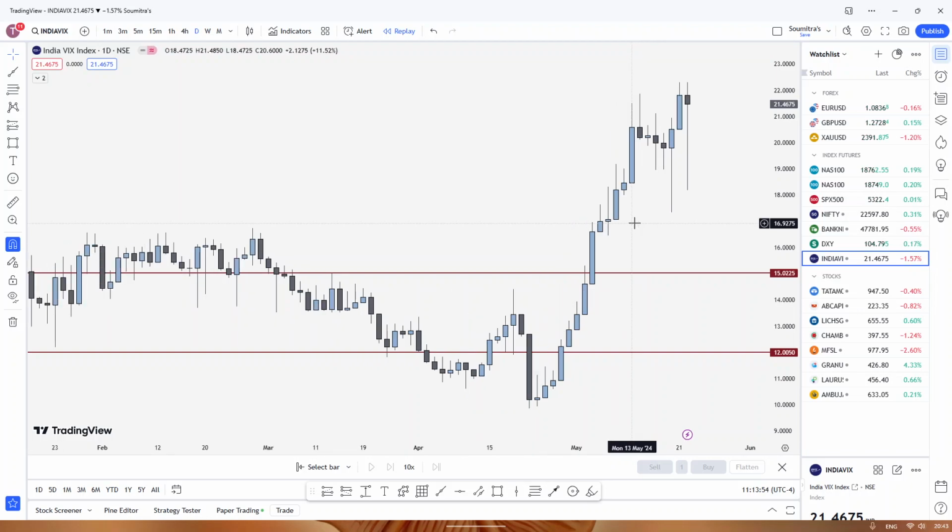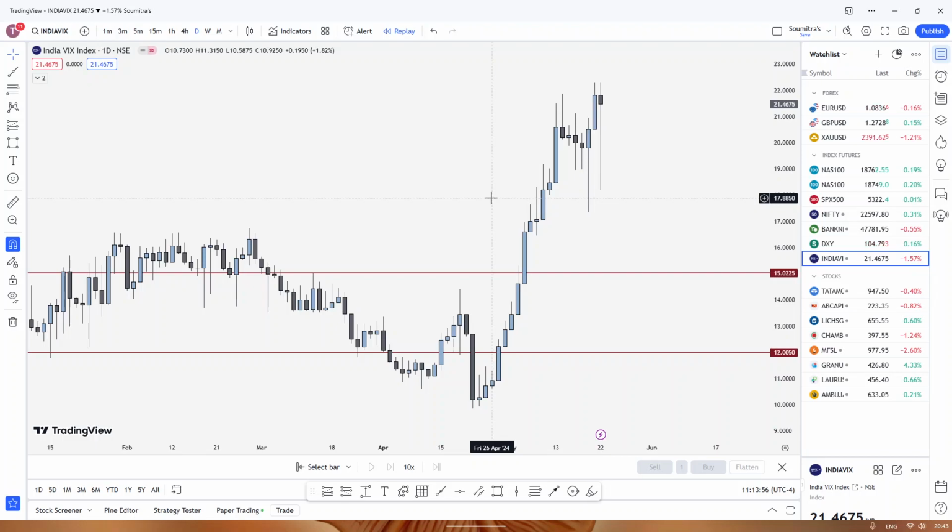It is not inversely related to Nifty. It only means that when India VIX is surging up like this, the movement of the price from high to low will be too erratic.